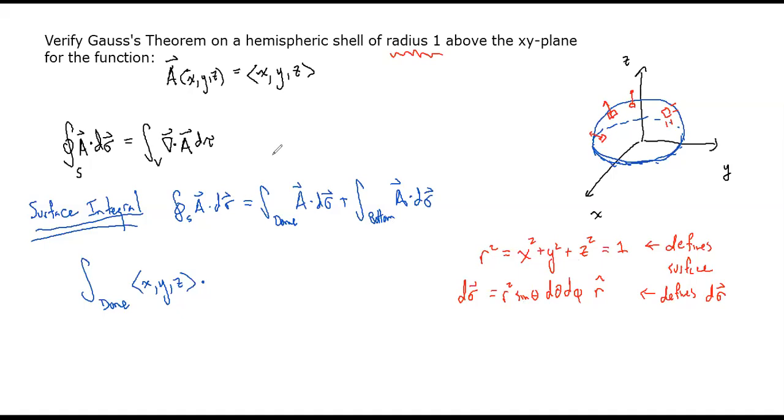If I want to integrate this function over the entire dome, I'm going to have this magical realization. You could do it the hard way or the easy way. The hard way would be to convert x, y, and z into their cylindrical or spherical polar equivalents. I'm going to have kind of an epiphany about this. What is the vector x, y, z? It's the first vector you probably ever talked about in physics class in mechanics.